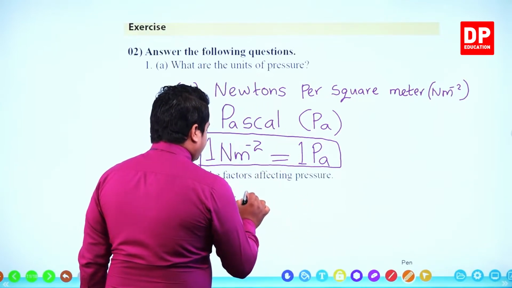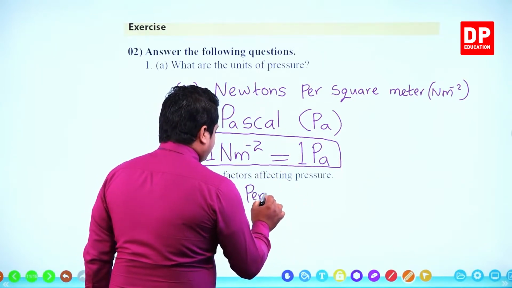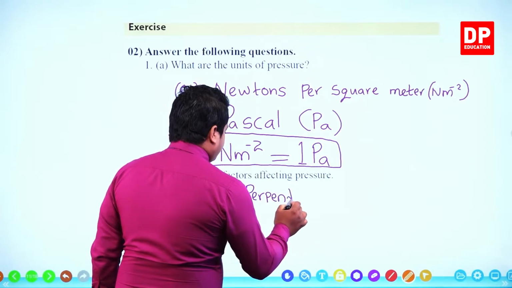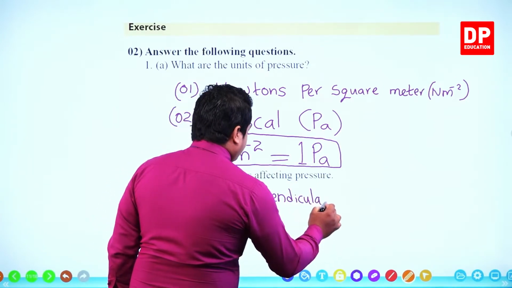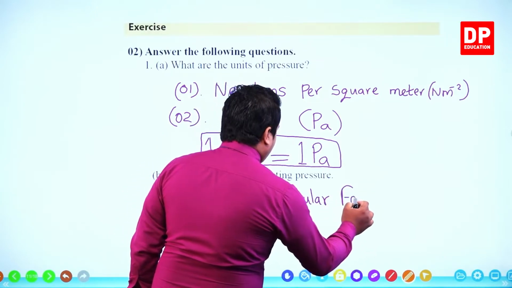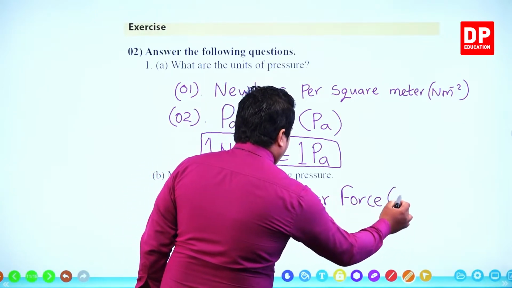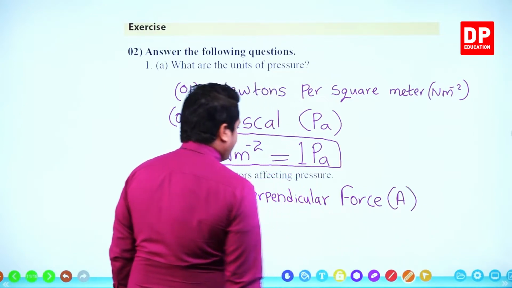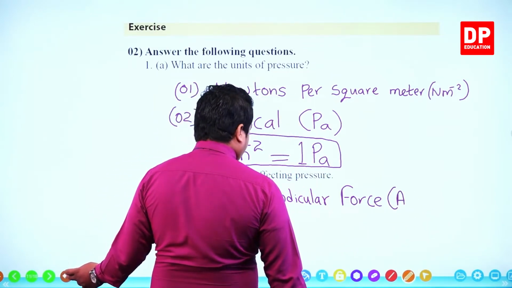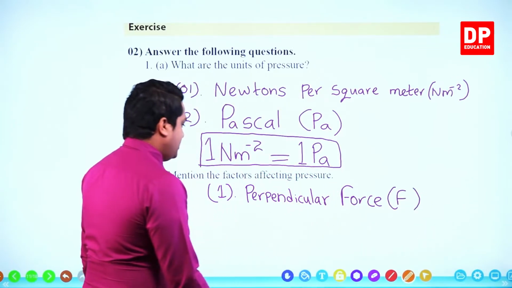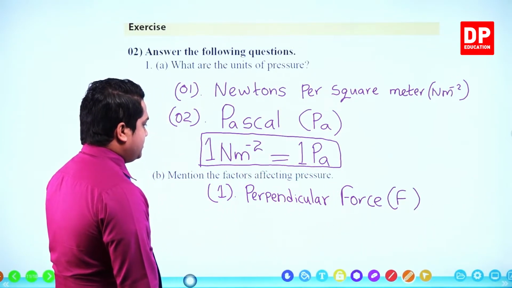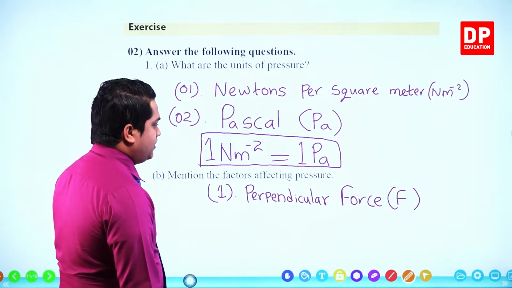That's much better. It's not A, it should be F. Perpendicular force. Right? Perpendicular force.